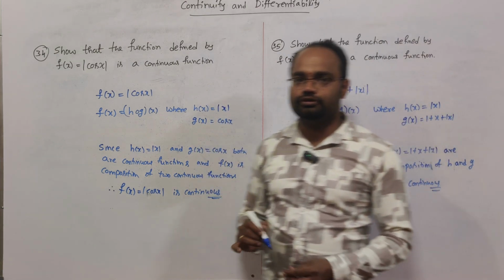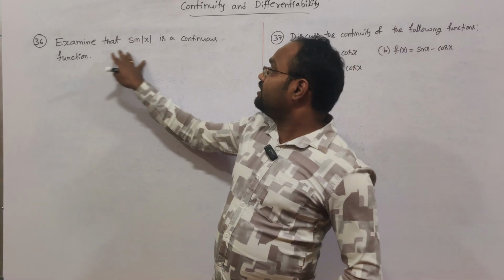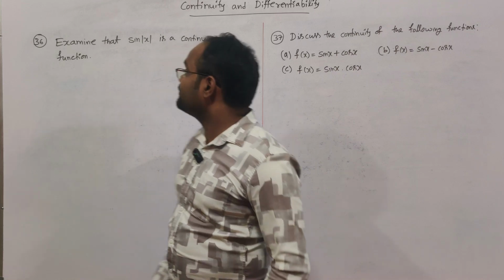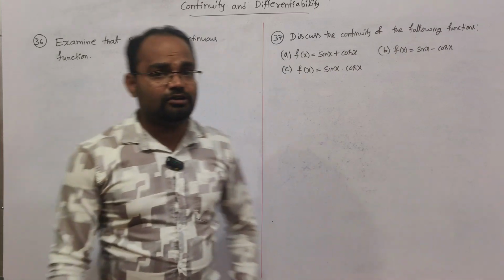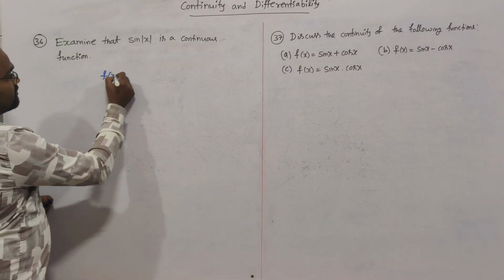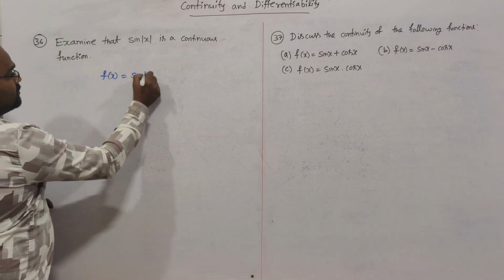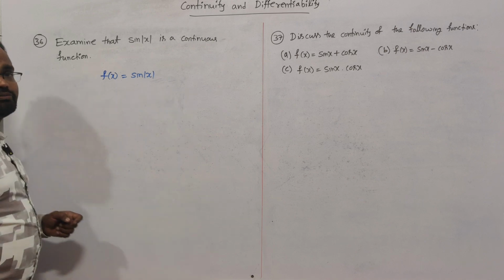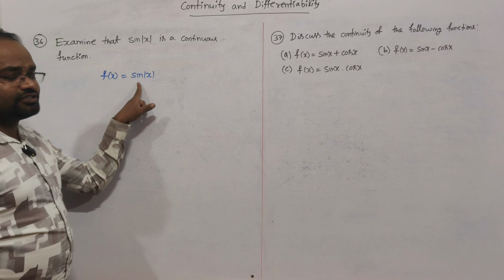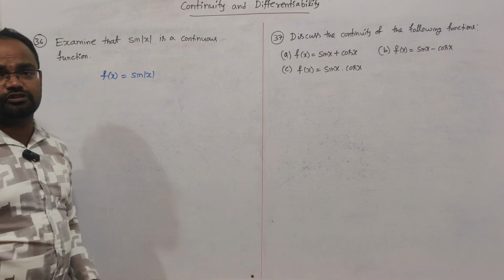Let us do the next one. Examine that sin of mod x is continuous function. So how can we prove it? Let us take f of x is equal to sin of mod x. So this is nothing but composition of two functions, sin and mod x. Sin x is continuous, mod x is also continuous.